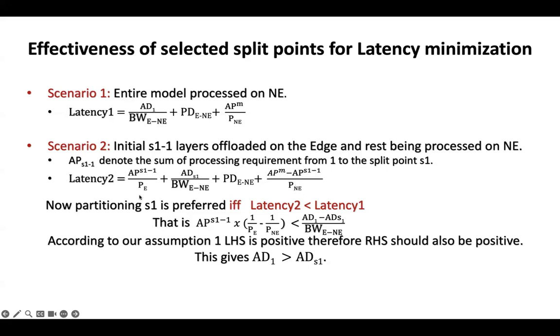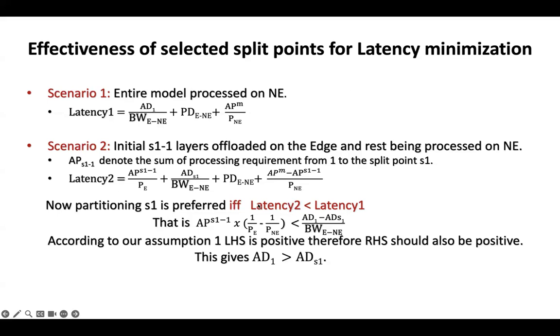Now, if we want the second scenario, that is the partitioning at S1, to be beneficial as compared to the first case, then we need the latency in the second case to be less than the latency in the first case. Otherwise, there would be no point of choosing the second case as a better choice.